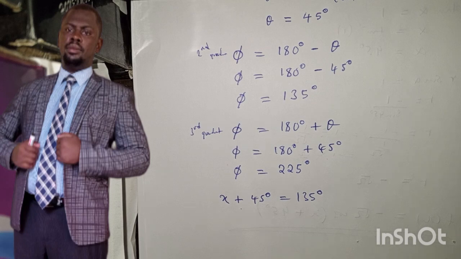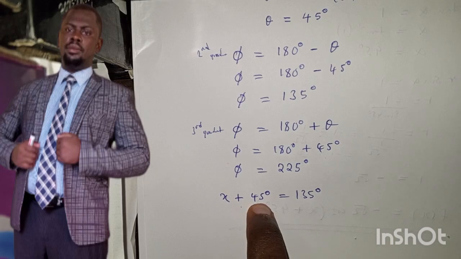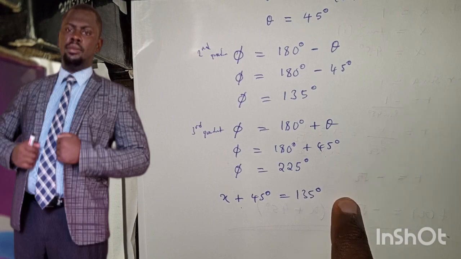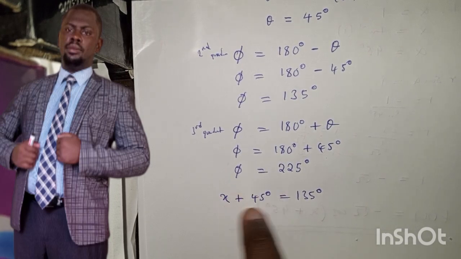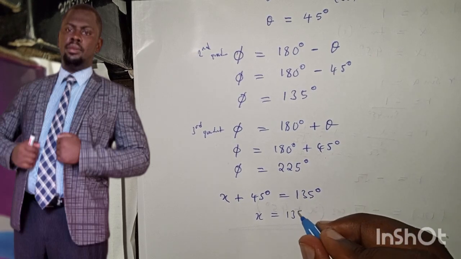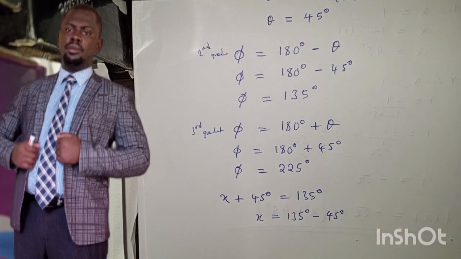To remain with x, the opposite of plus 45 is minus 45. You subtract 45 from both sides of the equation. Minus 45 will cancel out this 45. So we have x is equal to 135 degrees minus 45 degrees, and that is 90 degrees. So x is equal to 90 degrees.